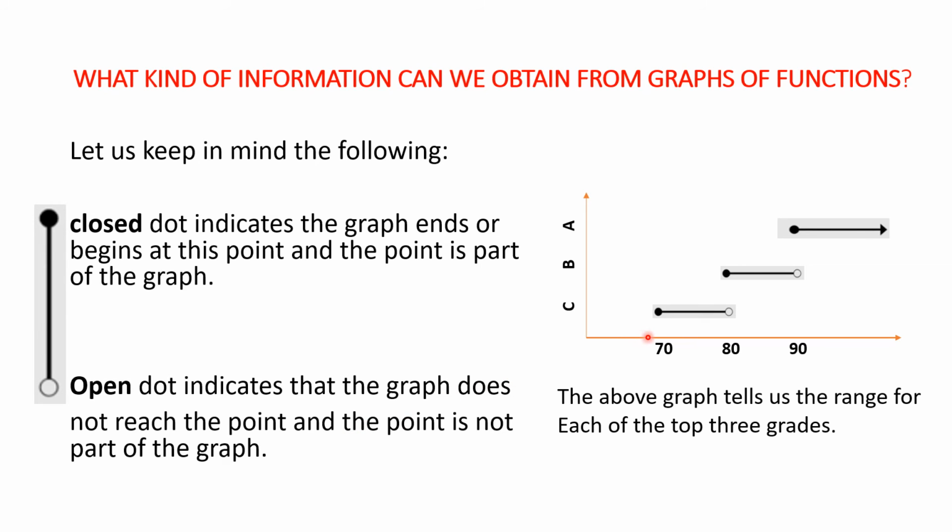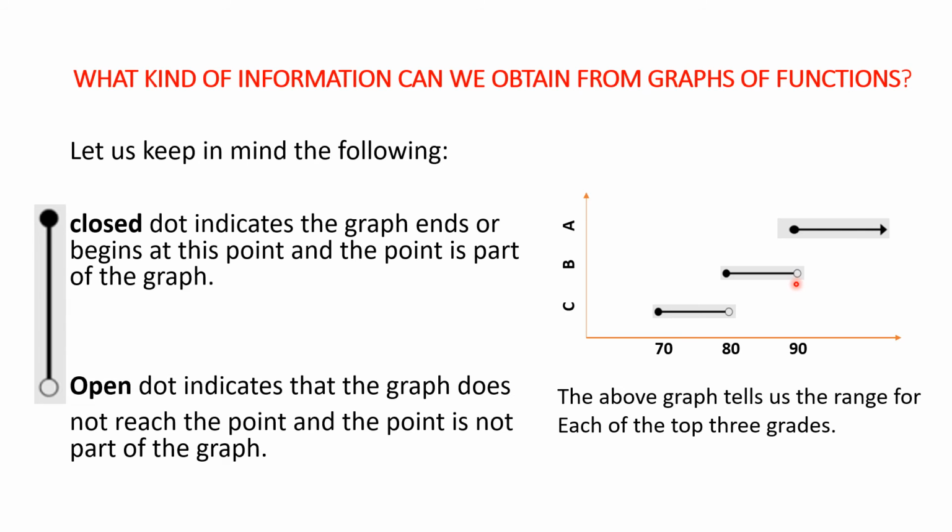So we can see that this portion of the graph has a closed point here, a closed dot. That means 70 is indeed part of the grade C. But 80 is not part of the grade C. But if we go up, we can see that 80 corresponds to B, and that's why when the grade is B, we see 80 as part of the graph, and so on. 90 is not part of the B, and that's why vertically above 90 we have an open dot.